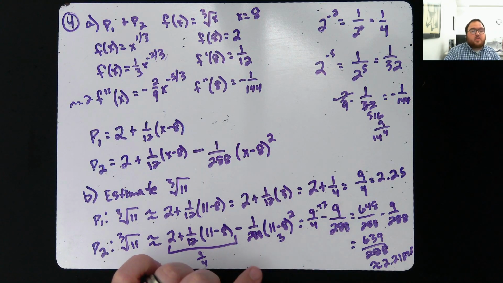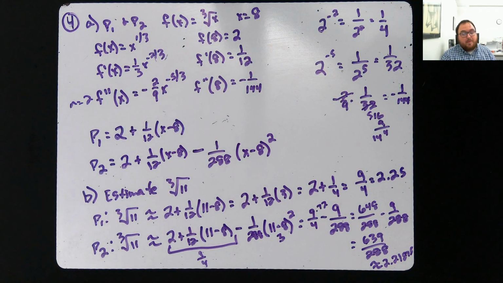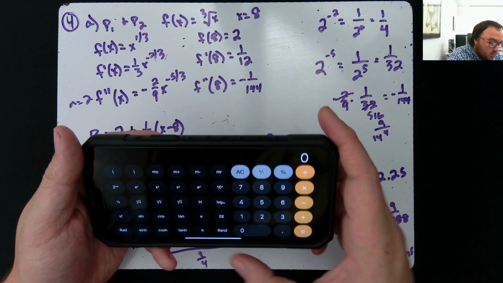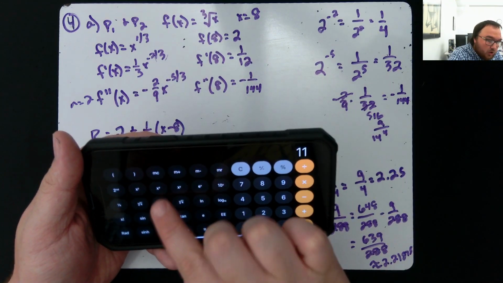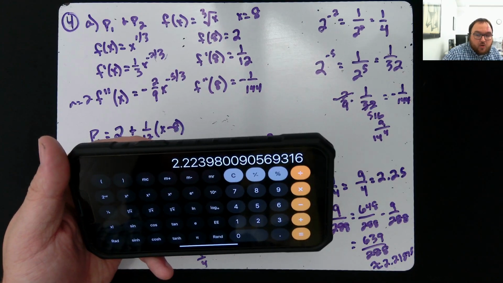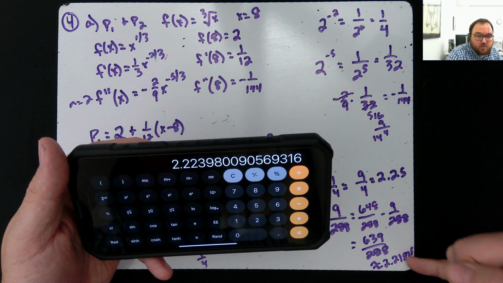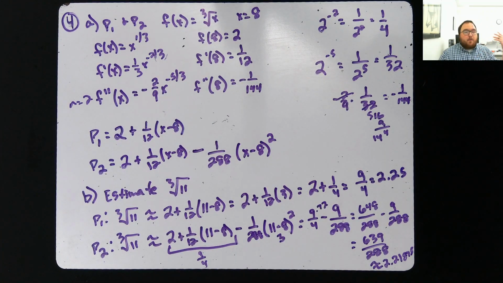I'm adding more terms. So P3 would be even closer, P4 even closer. Just to show you, if I actually did the cube root of 11, 2.22, this one is in fact the closest one. And again, if I did P3, it would be even closer, and so on and so forth.